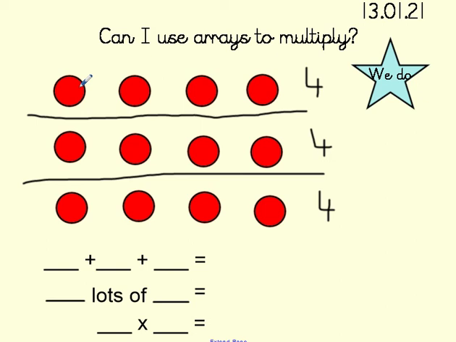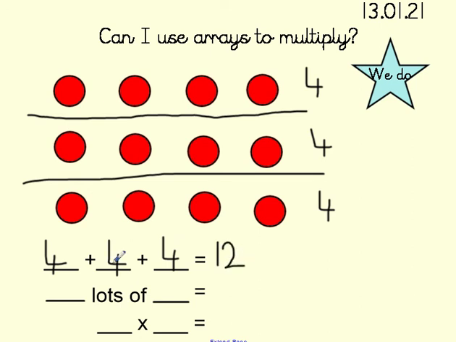Okay, so I'm going to do 4 add 4 add 4, and I might count in twos now to help me. I might go 2, 4, 6, 8, 10, 12. So 4 add 4 add 4 equals 12.